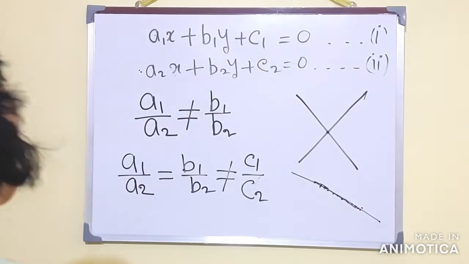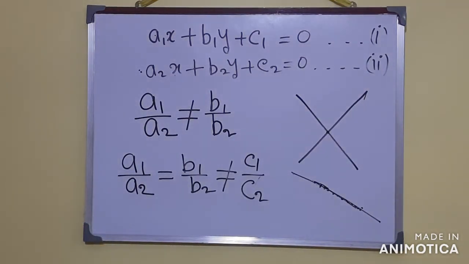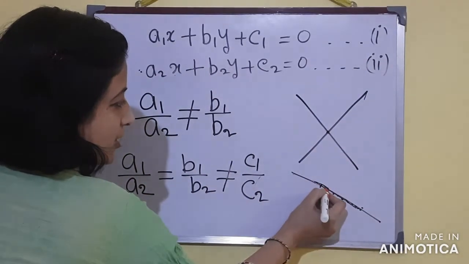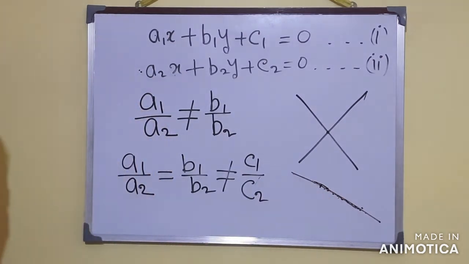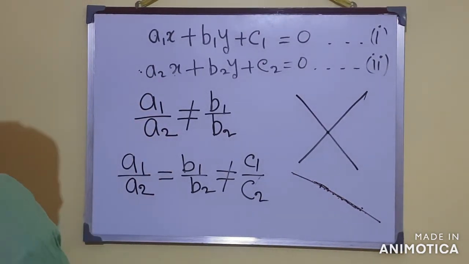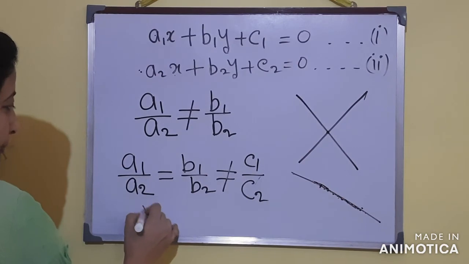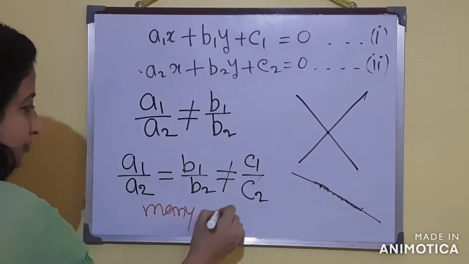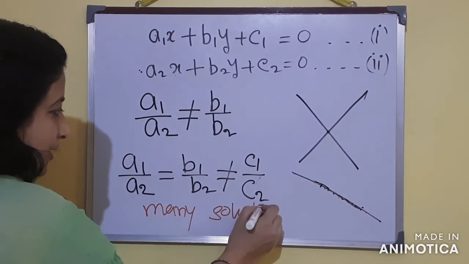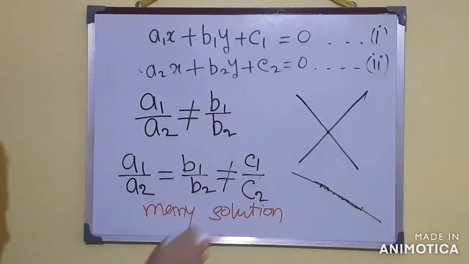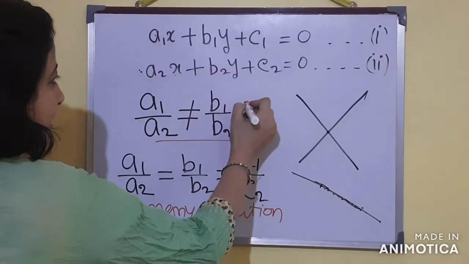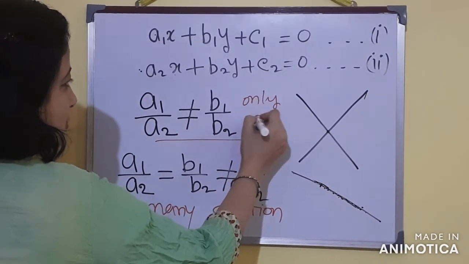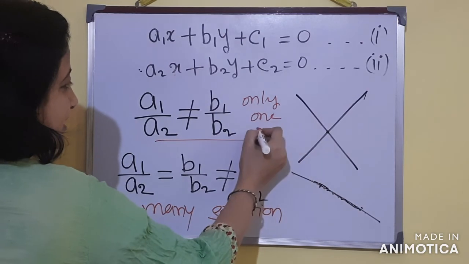So more than one, many points are there which both of the two straight lines are sharing. That's why we will get in this case many solutions, because one straight line is coinciding with the other, and in the other case we are getting only one solution because they are intersecting each other.